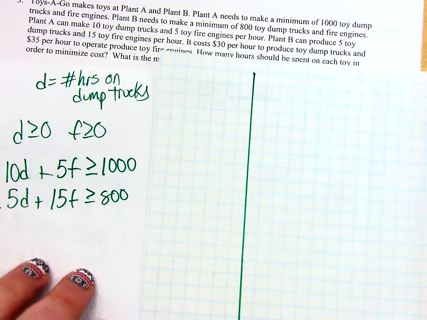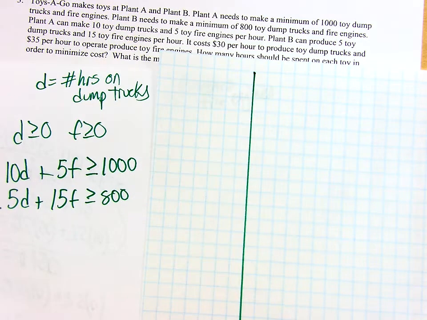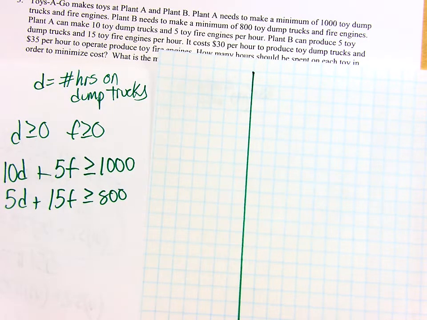If I just quickly look at the scale here, which side should I have as which? D. Yeah, these are going to be my number of dump truck hours.